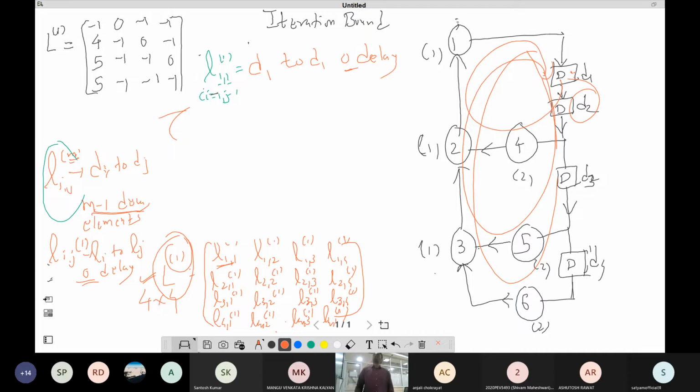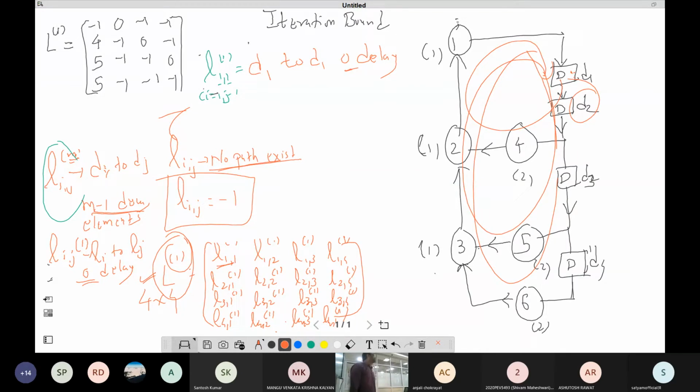Okay. So when no path exists for Lij, then I will define that Lij value as minus 1. When there is no path, then for that Lij I am defining minus 1.